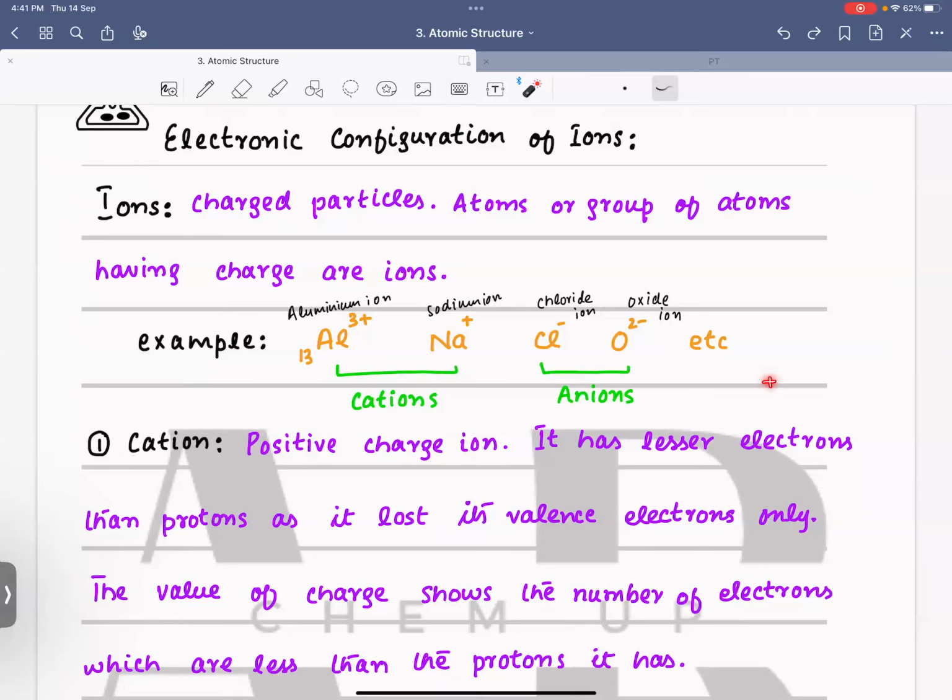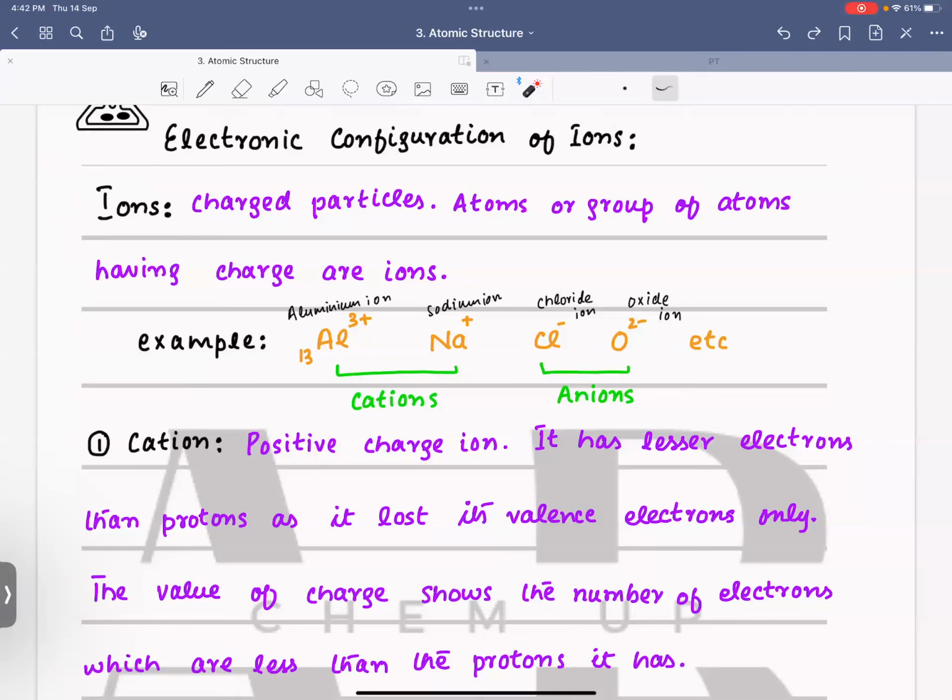The relative charge of a proton is positive 1, and the relative charge of an electron is negative 1. So if the ion is positively charged, it means that it has fewer electrons than the protons it has, because if the protons and electrons are equal, then there will be no charge.